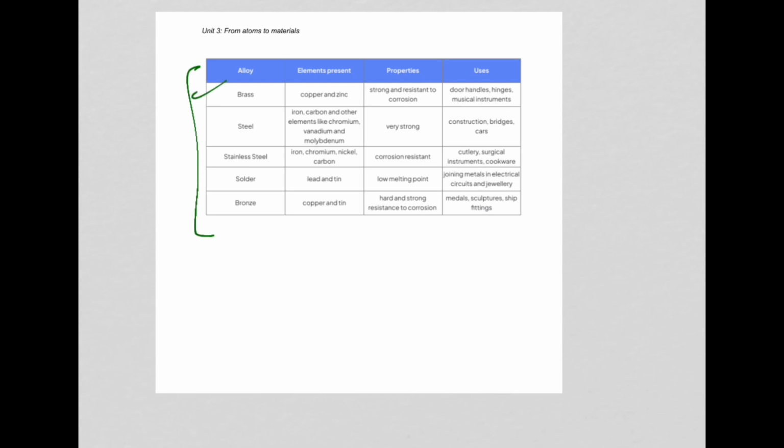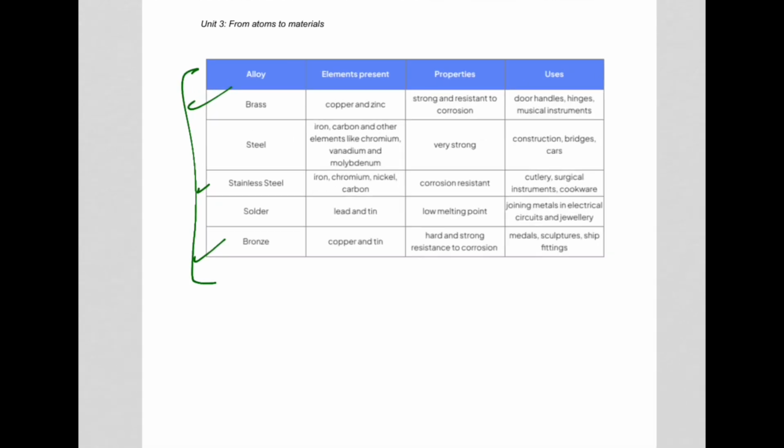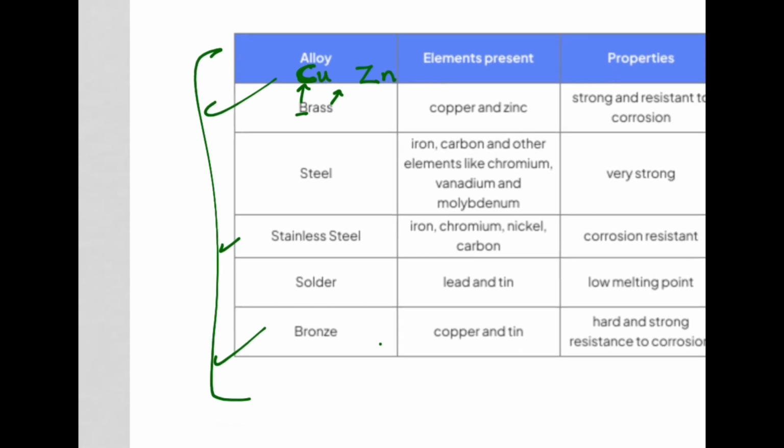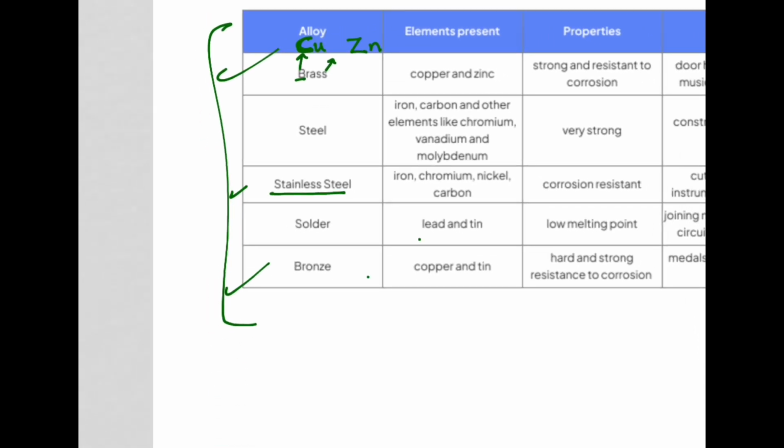Remember, for brass, bronze, and stainless steel, brass is easy to remember, so it starts with B, and there's an S here. So one trick I use to remember is that B leads to C and S leads to Z, so it's copper and zinc. And stainless steel, you will know that it comes from iron, so it comes from steel, so there's iron in it, and then we add chromium, nickel, and carbon.